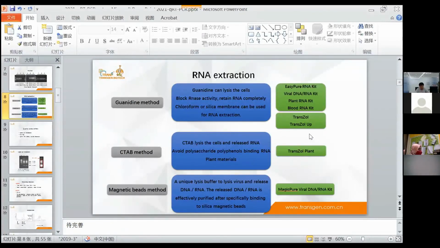But you have to choose different parts of the whole system, so you can choose DNA and RNA separately. And the result is also good enough for the qPCR system. In this case, we can extract the protein as well, so the protein can be extracted from the system and used for Western blot to detect the protein expression levels.